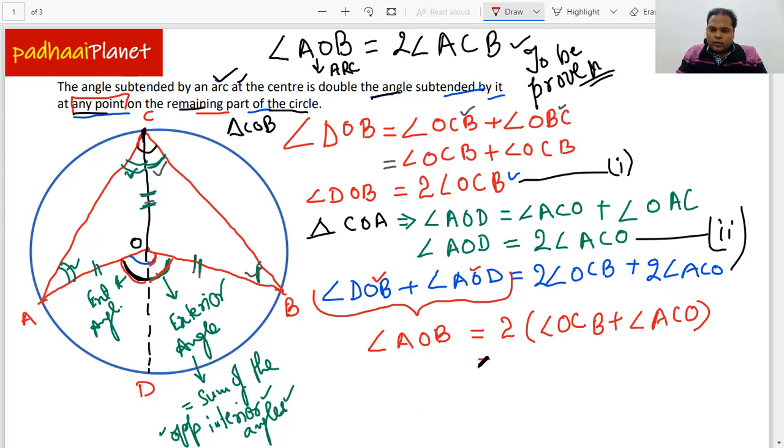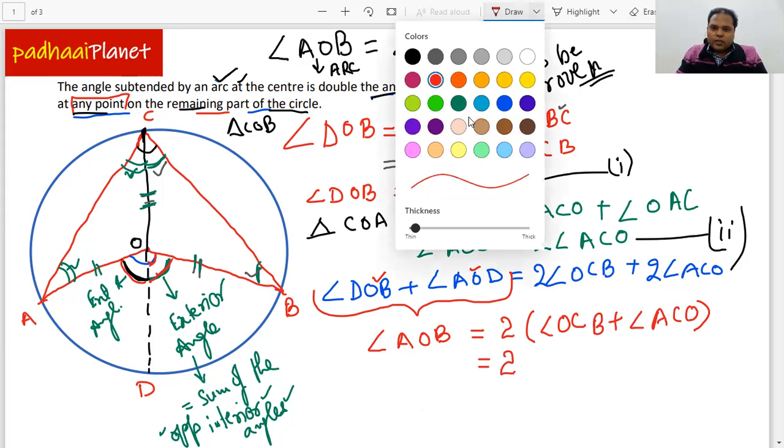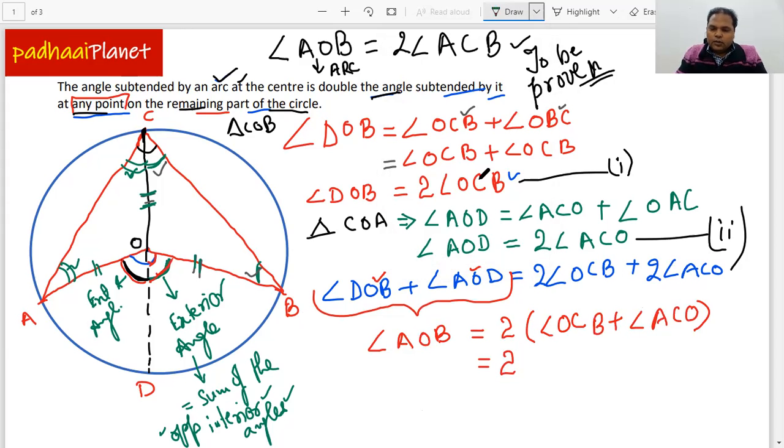If we check out these two angles, then the sum of these two angles is nothing but this one, right?